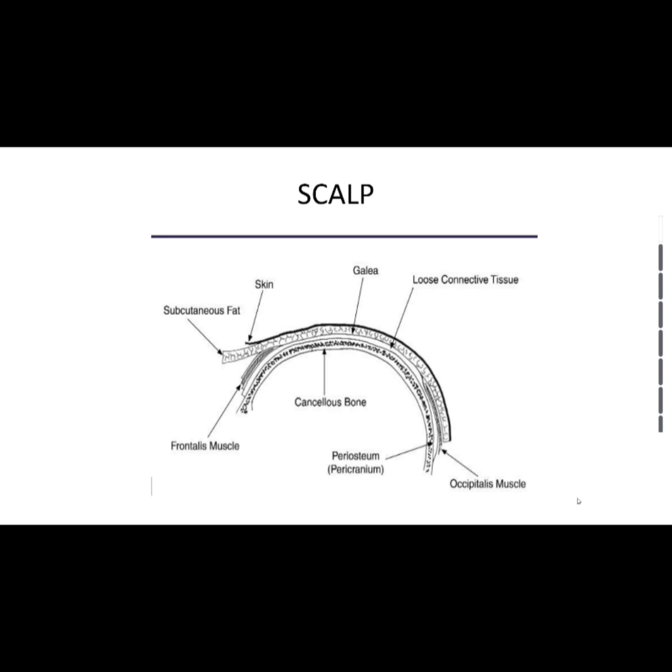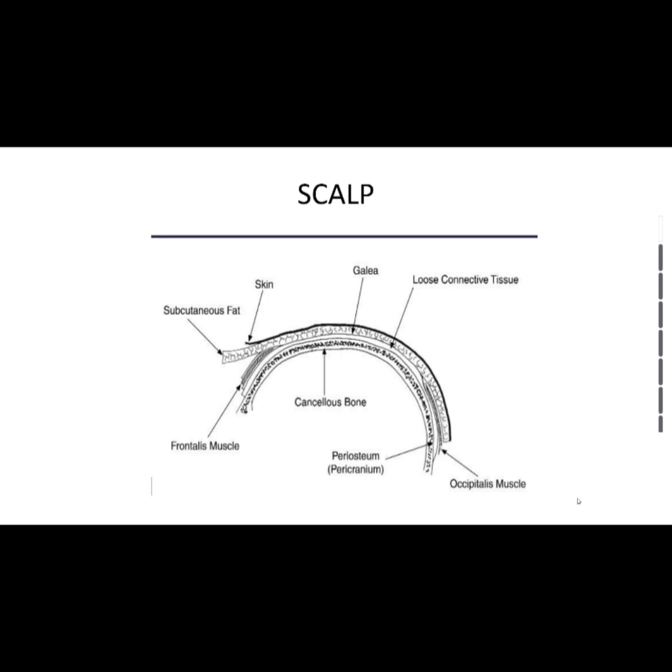Then below the aponeurosis is a loose connective tissue. And that is why you are able to move. If you hold your head, you feel like it can move. So you realize the first three layers, the skin, the subcutaneous tissue, and the galea, are usually connected together.